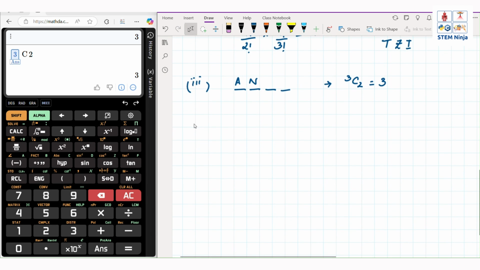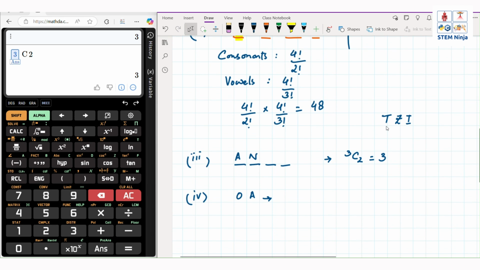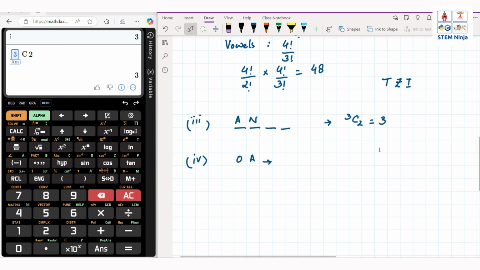So let's have cases. We have 0 A's first. N is already selected, so we don't need the two N's. So how many are left if we take away the A's and the N's? We just have T, Z, I, so just three basically.